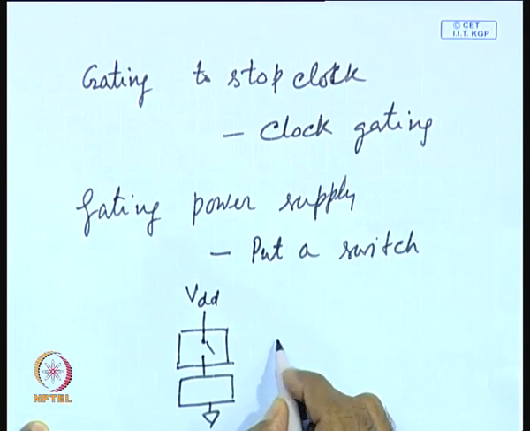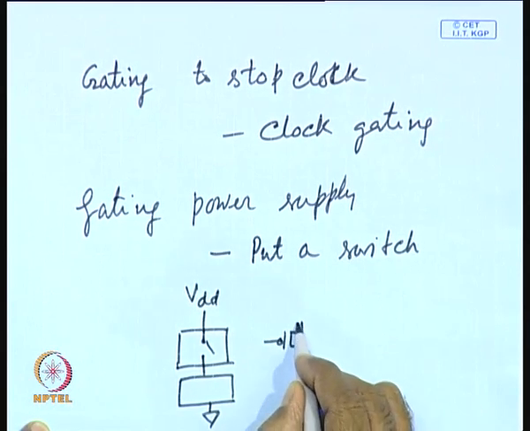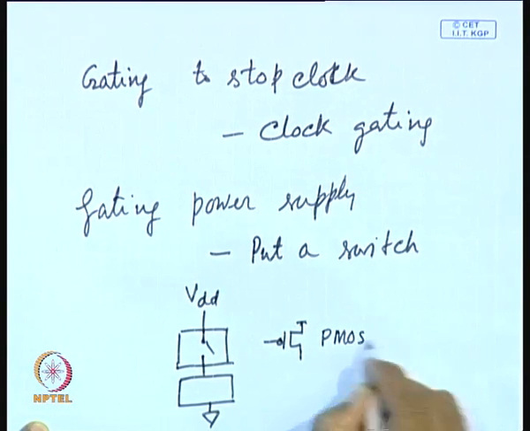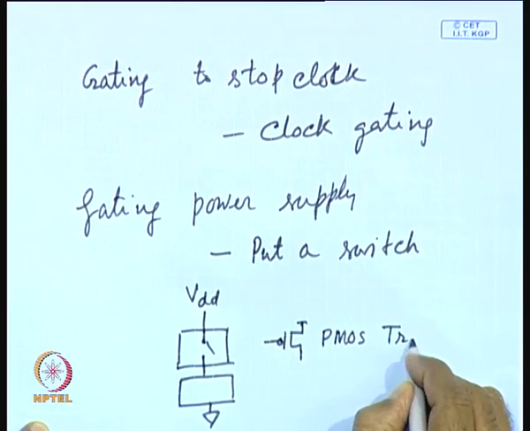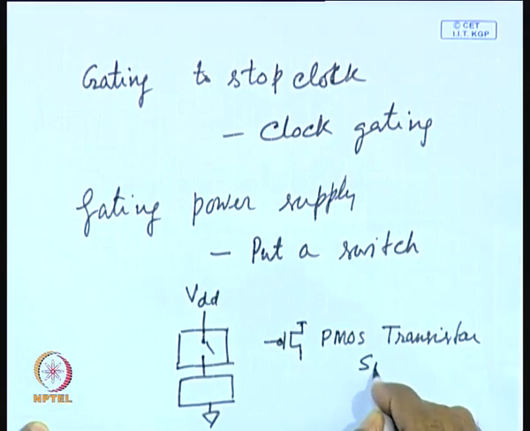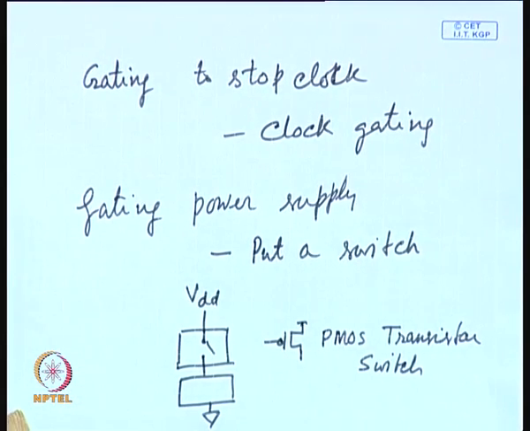Actually, the switch is realized with the help of a PMOS transistor of high threshold voltage. So, this is the PMOS transistor switch that is used in series with this circuit. That is exactly what is being done here.